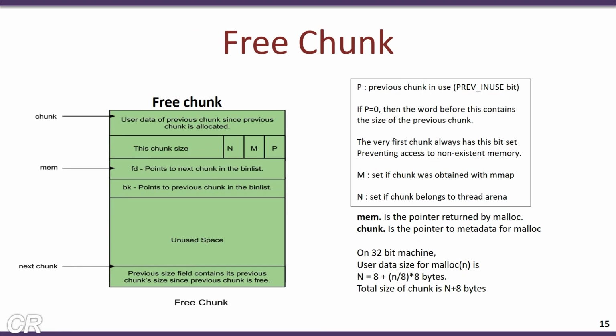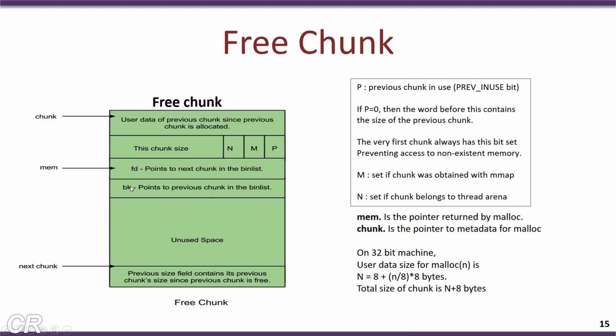Now when you free a chunk of memory using the call free and giving it the address, then malloc would actually convert that allocated chunk to a free chunk. And now the free chunk has a structure which looks like this. What is important in this structure are these two entries, the forward entry and the back entry.